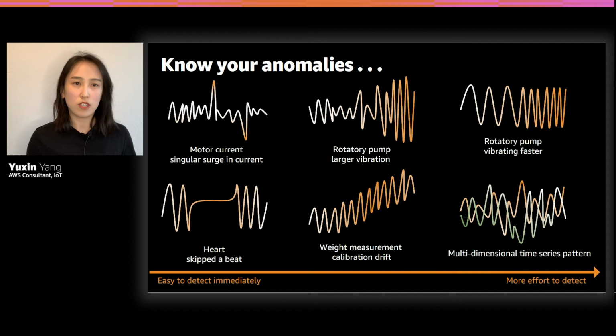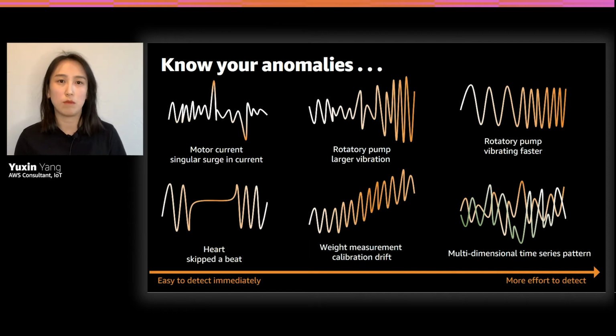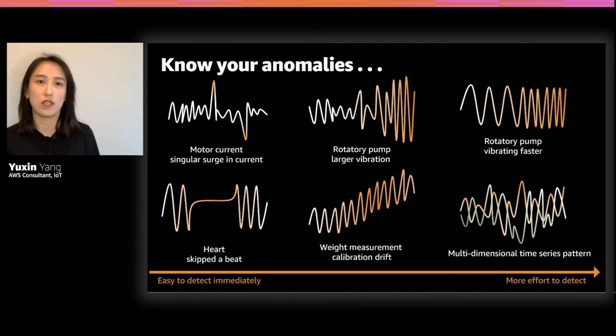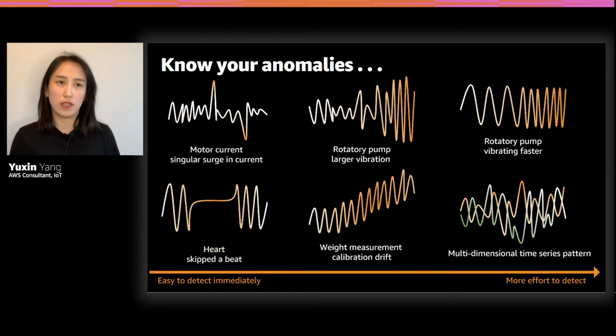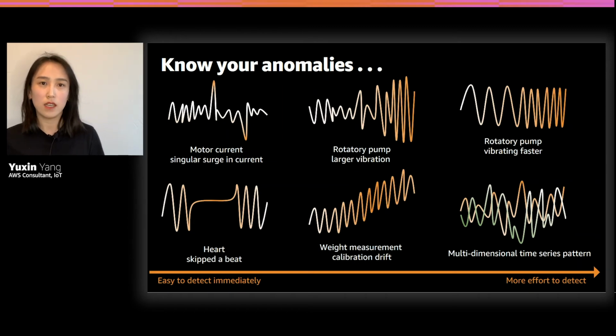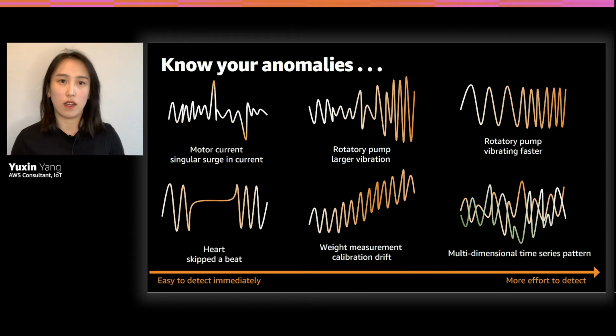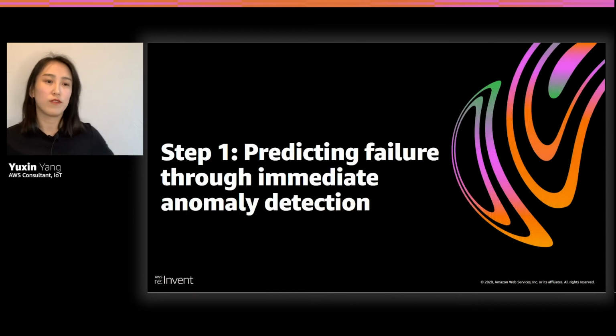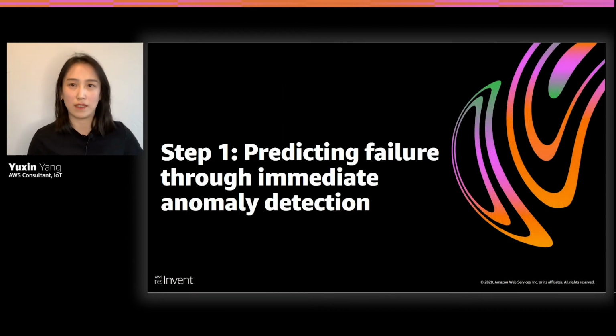In this presentation, we're going to show you a two-step strategy of detecting those anomalies. It's a trade-off between complexity and the latency that you can bear with the inference. Now, step one, let's predict failure through immediate anomaly detection.